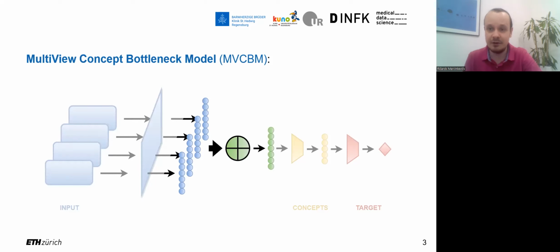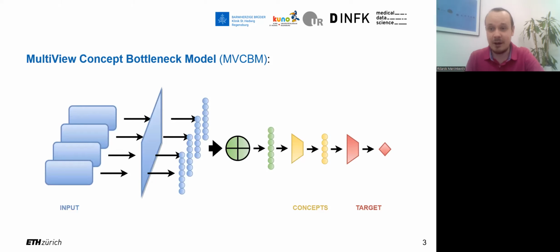Then these view-specific representations are aggregated via a fusion function, for example, the arithmetic mean or LSTM. The aggregated features are then used to predict the concepts, which are given to the model at training time as a form of auxiliary supervision. And last but not least, we predict the target variable solely based on the concept predictions.